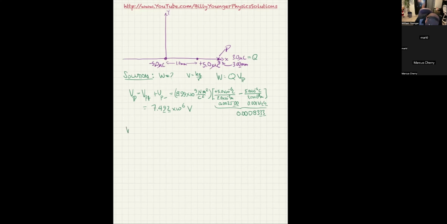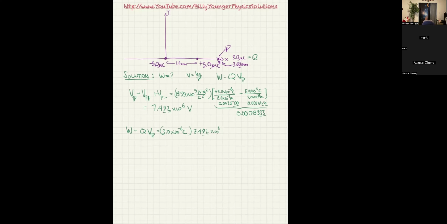So now I can say that the work is going to be equal to Q times VP, which equals 3.0 times 10 to the negative 6 coulombs times 7.492 times 10 to the 6 volts.